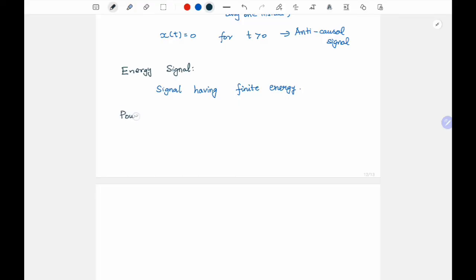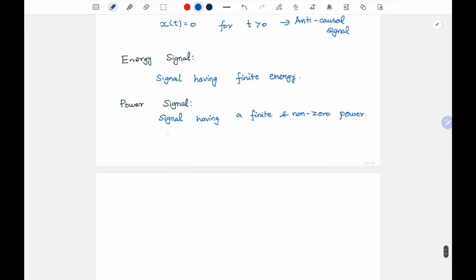And we have a power signal. A power signal is a signal having finite and non-zero power. So you can also say a power signal has infinite energy.